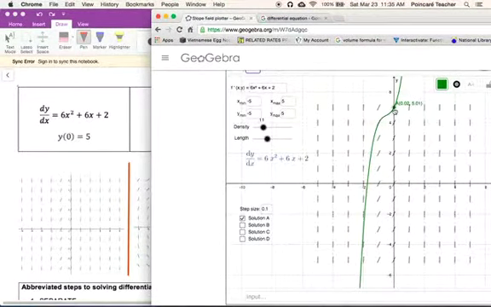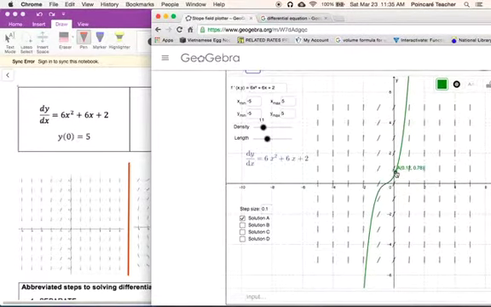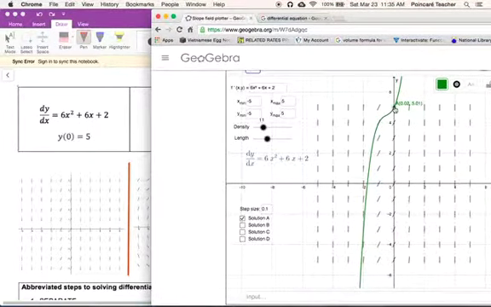If I change the initial condition, I could get a bunch of functions. You can see that the green function is changing. But if I want to see specifically the original function where one of its points is (0, 5), then the function would be this green one here.